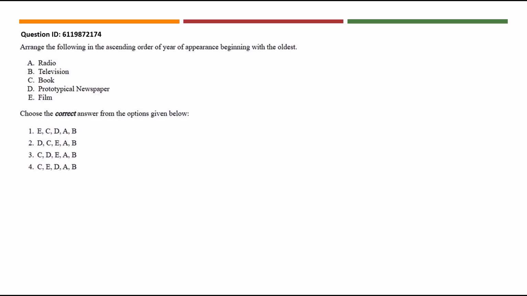Radio, television, book, prototypical newspaper and film. What do you understand from the options? The last place is for television and the last but one place is for radio. So now you have to arrange book, newspaper and film. Which one do you think would have the oldest appearance?